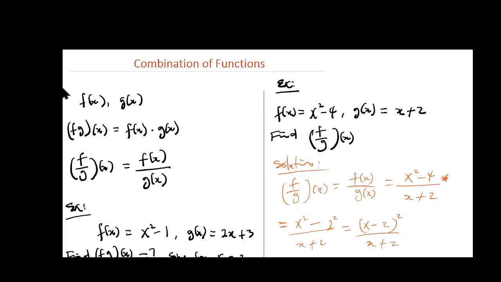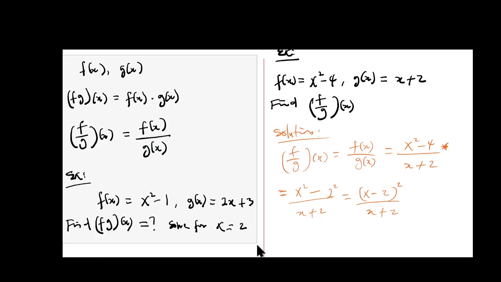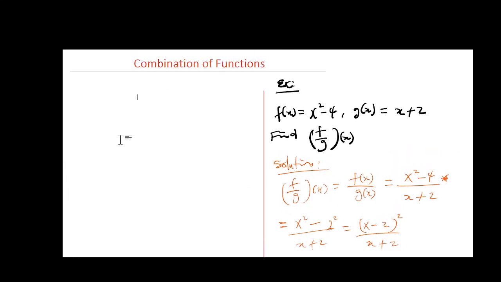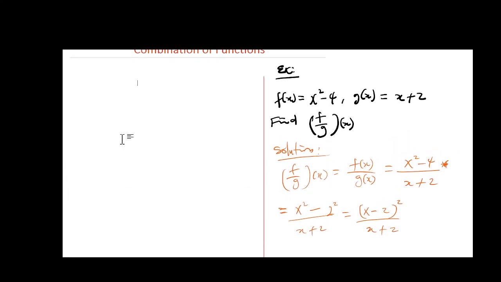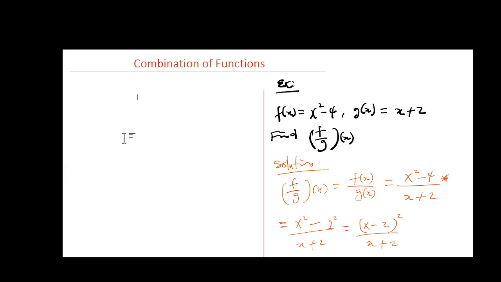Now, having done that, let's continue the equation at this part. For the denominator, we know that x plus 2 cannot equal 0.